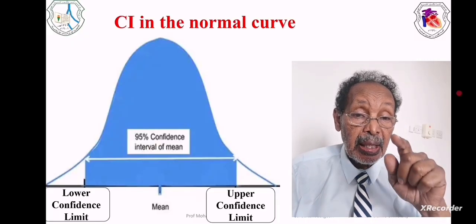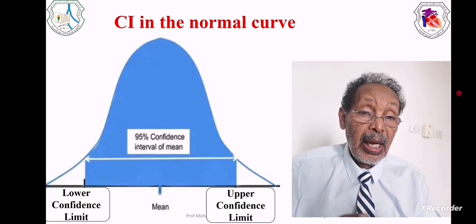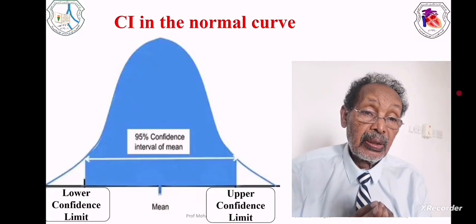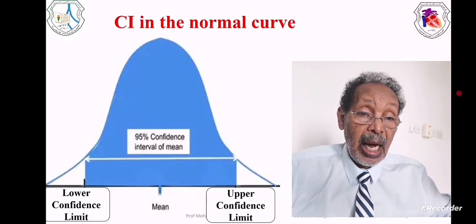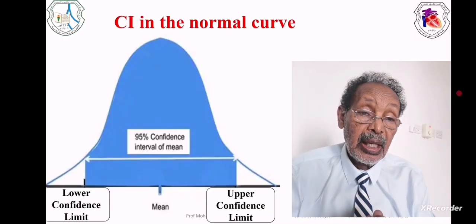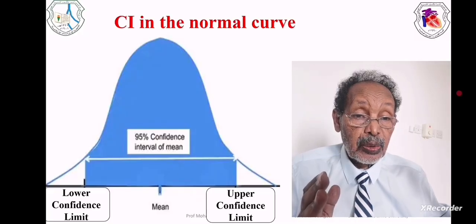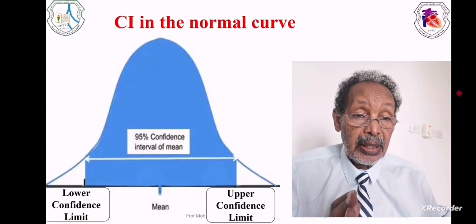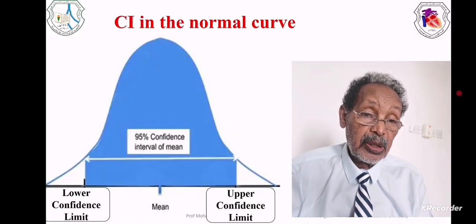The mean lies right in the center, and 95% of the estimates lie around the mean, and only 5% lies outside these limits, outside the upper or lower confidence limits.